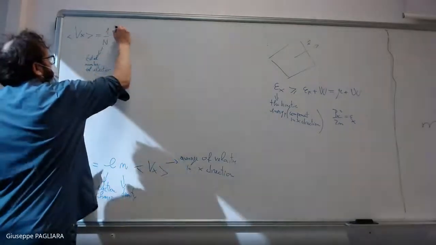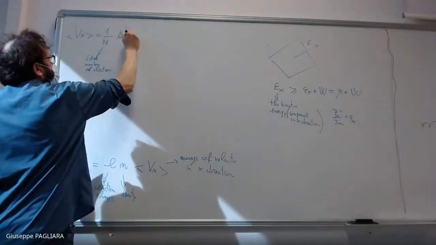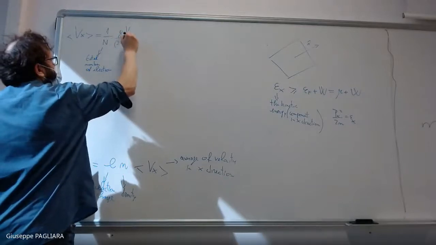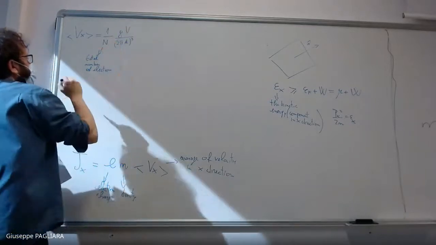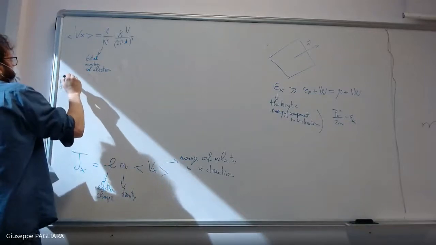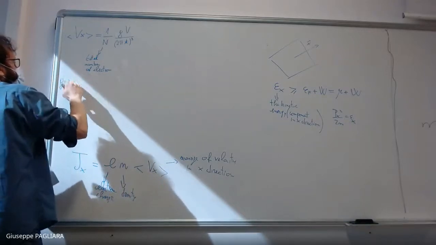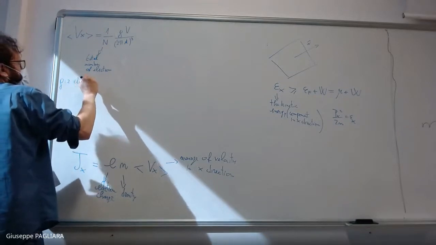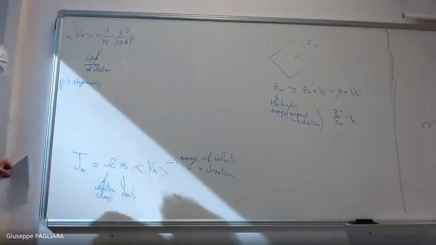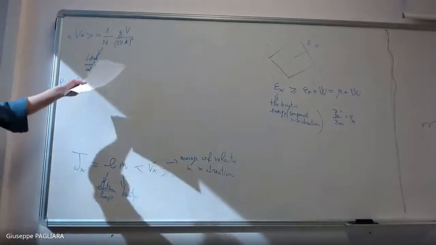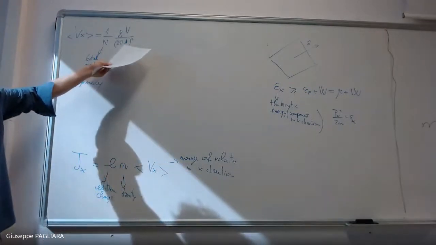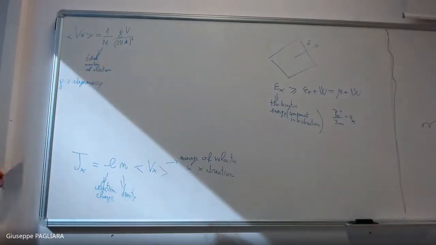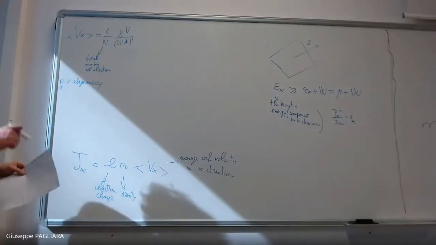Then here we have G V divided by (2 pi h bar) to the power of 3, where G is equal to 2 and is the degeneracy, and V is the volume. This (2 pi)^3 h bar^3 comes from the integral over the momentum that I'm going to specify in a moment.